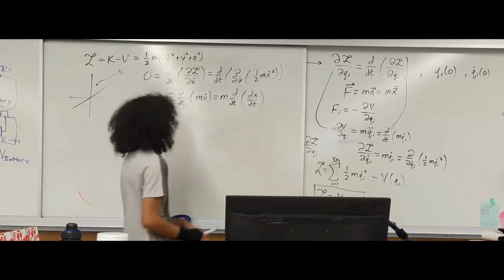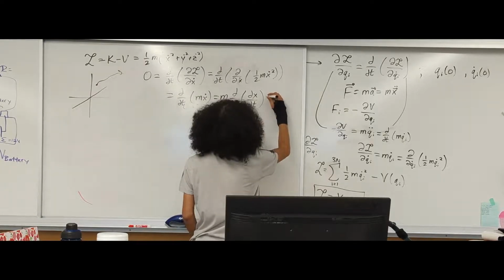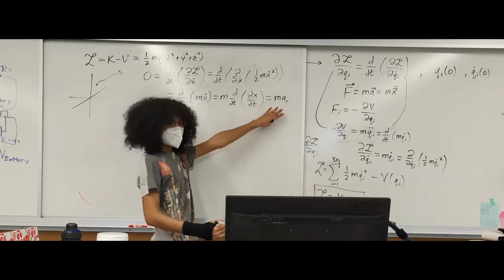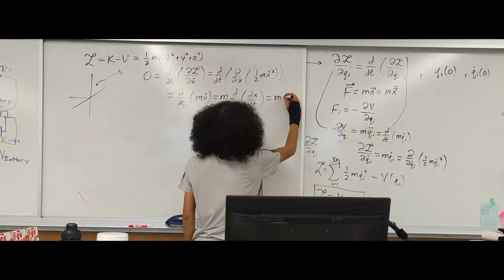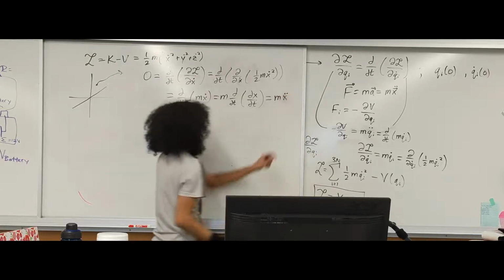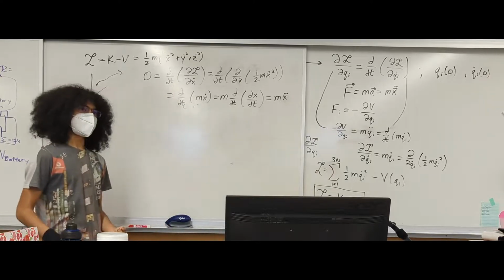Yeah. So if you're doing a sort of AP physics kind of thing, you might write this as a sub x or something like that. But we would say this is x double dot, the second derivative of x with respect to time.